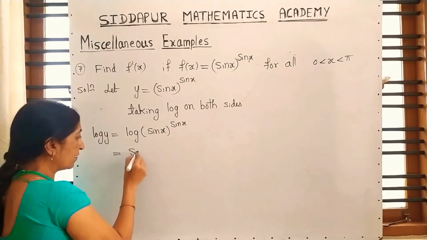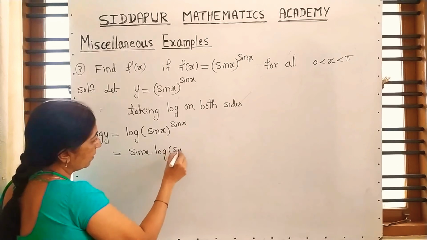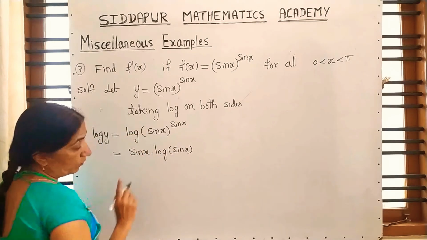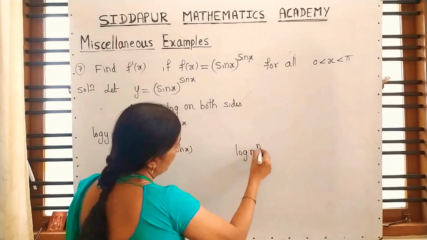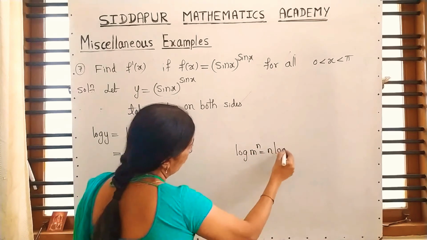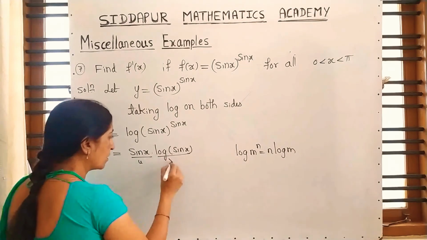This will be sin x into log of sin x. The property of log: log m raised to n is n into log m. Now this is u, this is v.